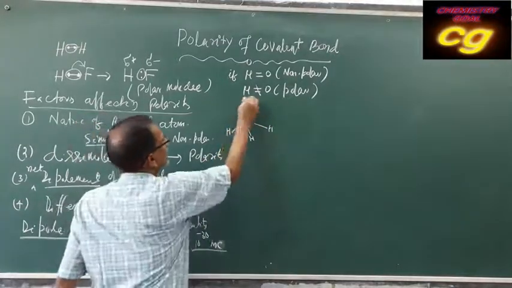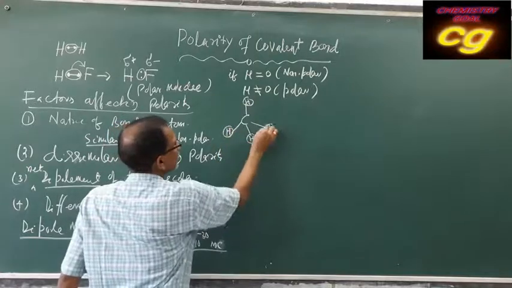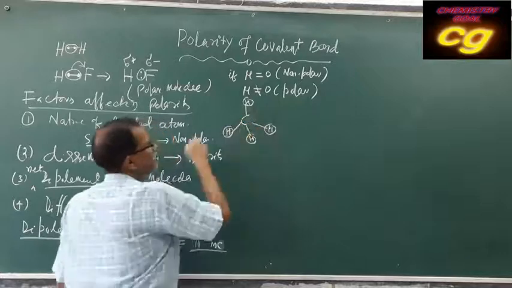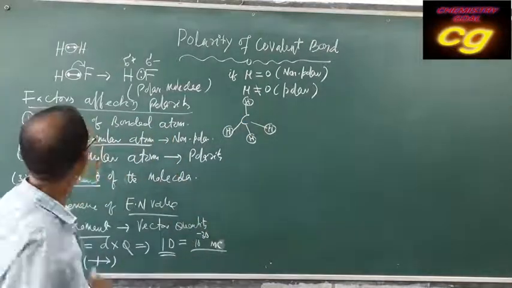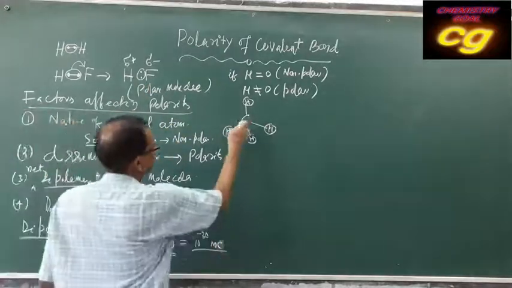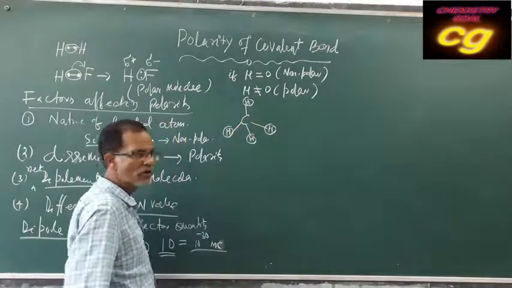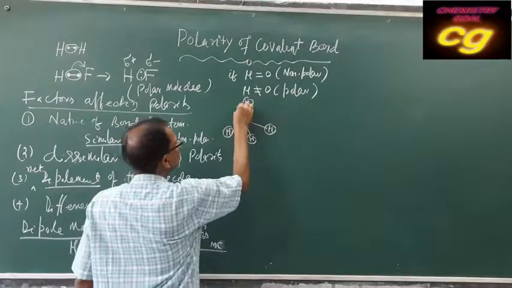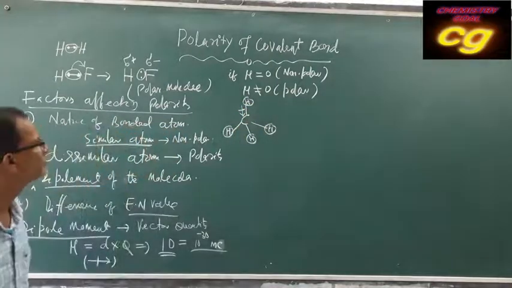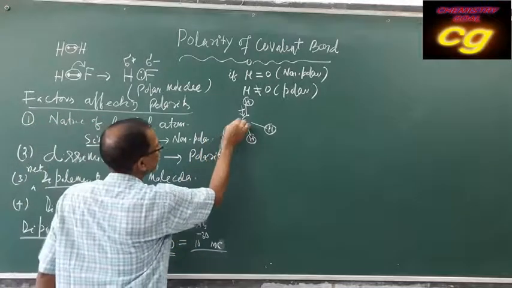If you see the dipole moment, as carbon is more electronegative than hydrogen, as we already saw for the formation of partial positive and negative charge, the bond dipole moment will be towards carbon.